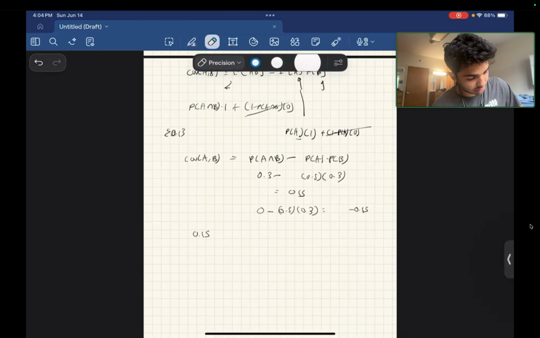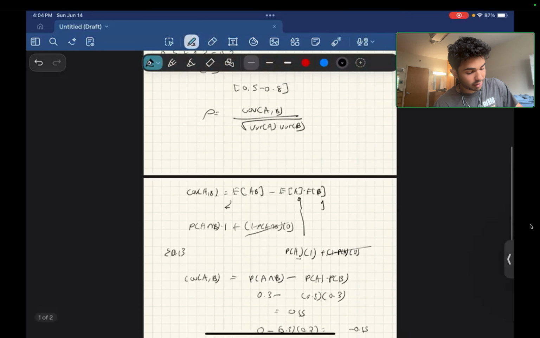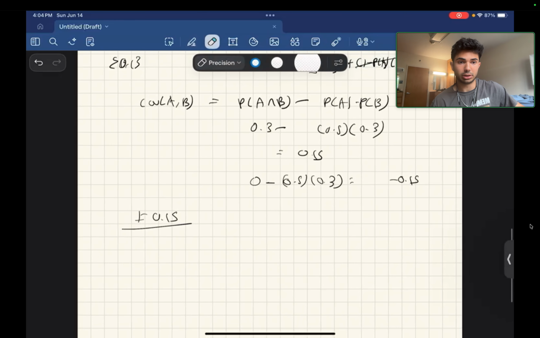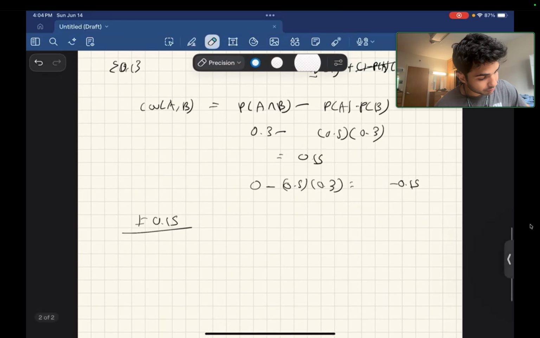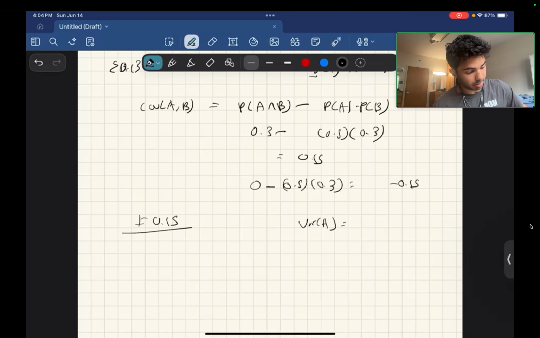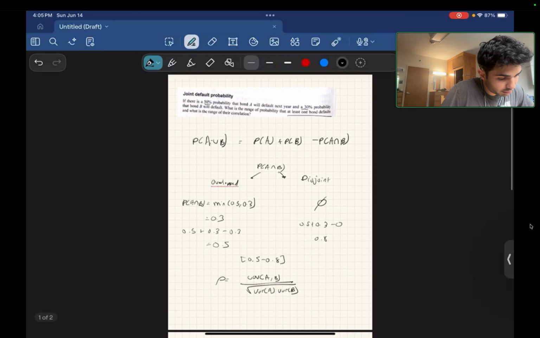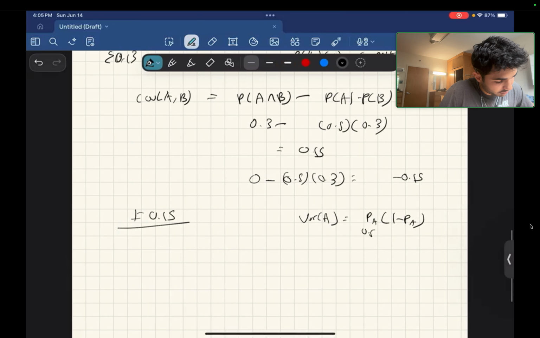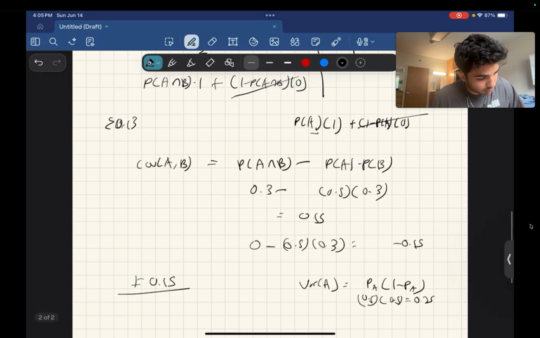So I'm just going to say plus or minus up here. And down here, the variance of A, for a Bernoulli distribution, where you either occur or don't occur, so 0 and 1, is going to be the probability of A times 1 minus the probability of A. Probability of A was 0.5. So we say 0.5 times 0.5 equals 0.25. Did I put the square root here?